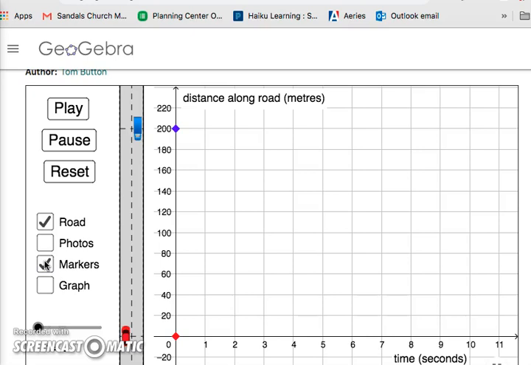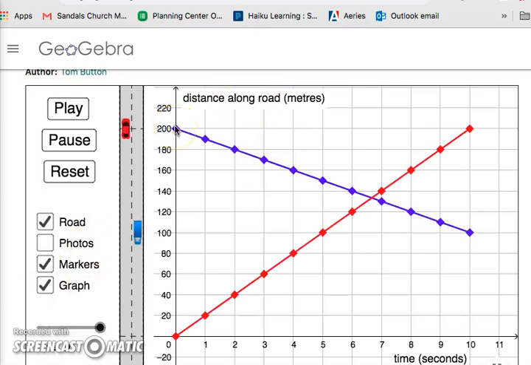I wonder if you were right. Now here's what their markers and graph will look like as the two objects are moving towards one another on the street. Now because the two vehicles crossed paths, that's why their lines are crossing.